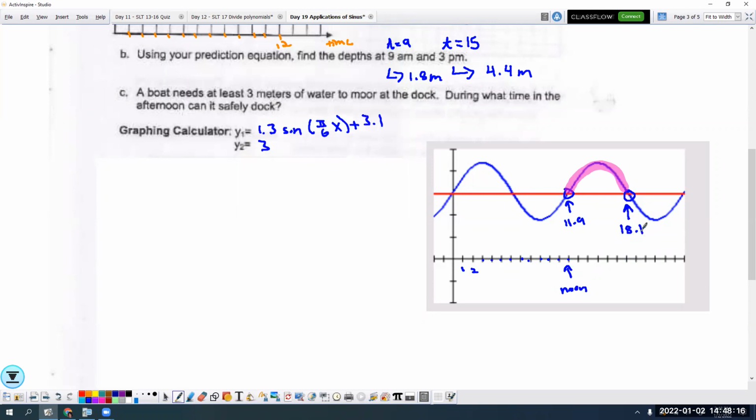Now, 18.1 is a weird time. So think about it. If I subtracted 12 from this, I would get about 6 o'clock. So I'm going to say, during what time in the afternoon can it safely dock? You know, I'm actually going to type this because that'll come out way better.